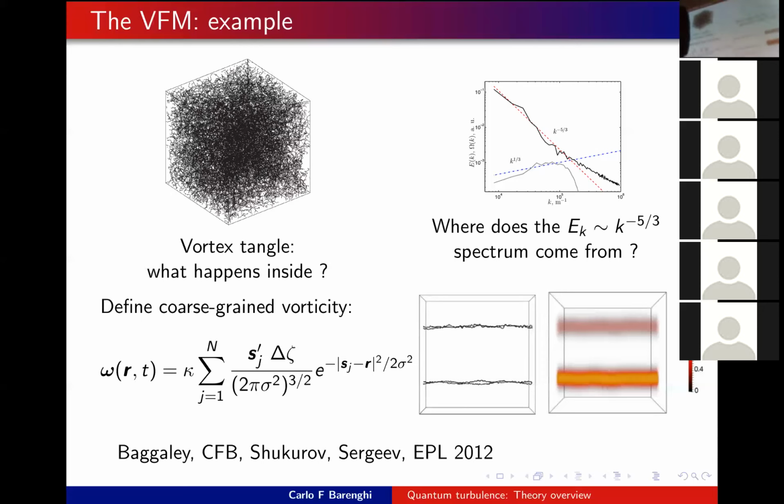-1 is actually what we expect. It is the spectrum of a single vortex line. So we're looking at very short length scales, and you just see the closest vortex in front of you. This crossover from -5/3 to -1 happens at the scale which corresponds to the typical distance between vortices. So the turbulence is, in some sense, classical.